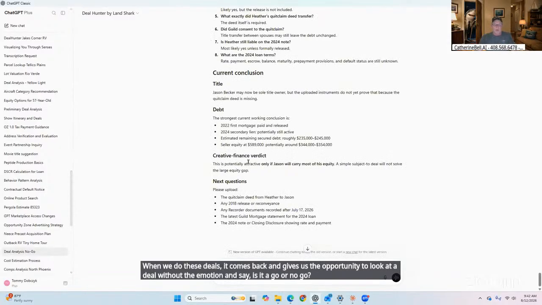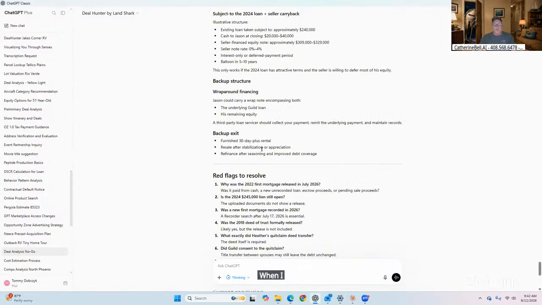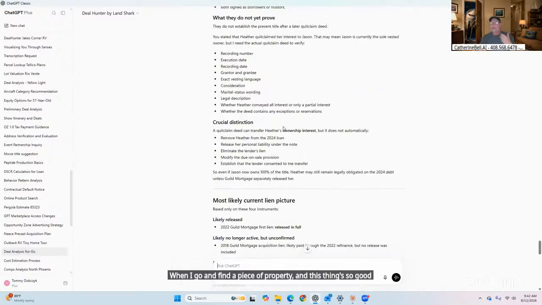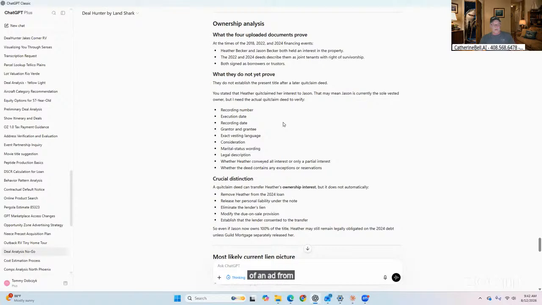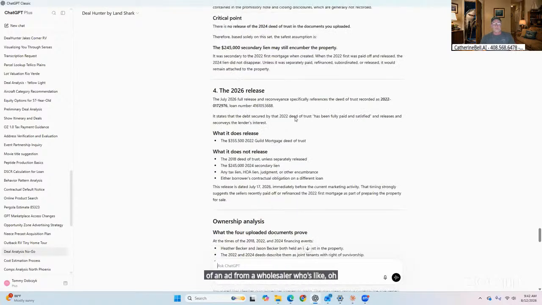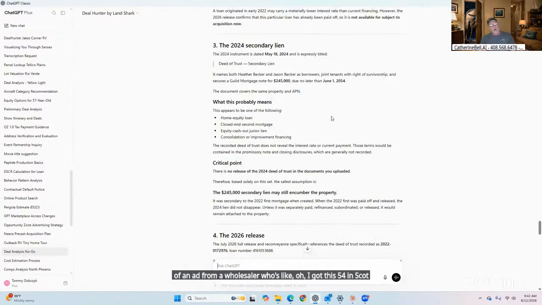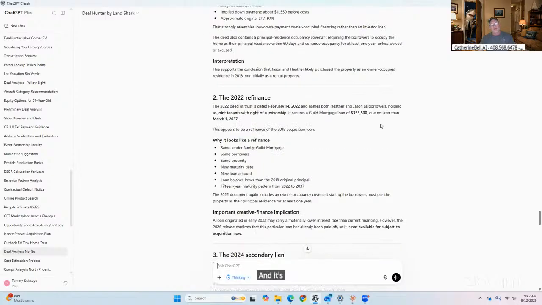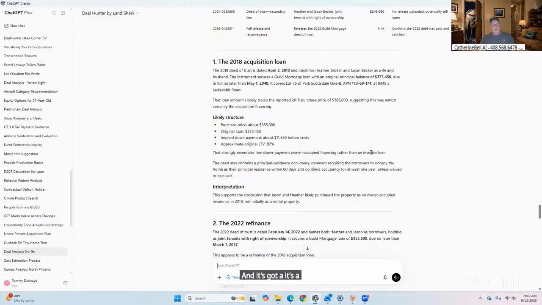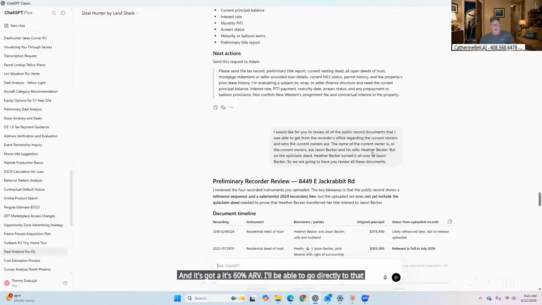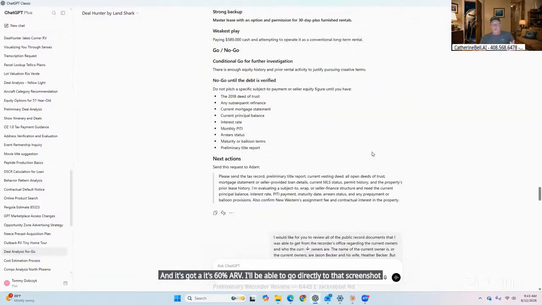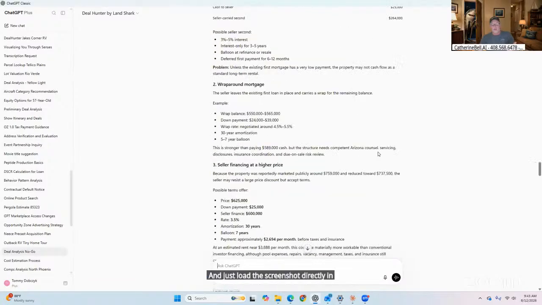Because here's what I know. When I go and find a piece of property, and this thing's so good, Sid, that I can take a screenshot of an ad from a wholesaler who's like, oh, I got this 5.4 in Scottsdale, and it's 60% ARV. I can load the screenshot directly in here and say, run this deal.